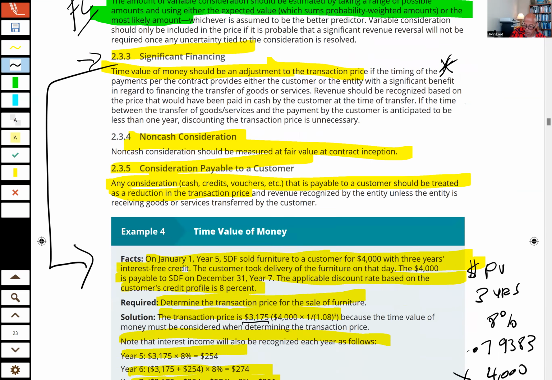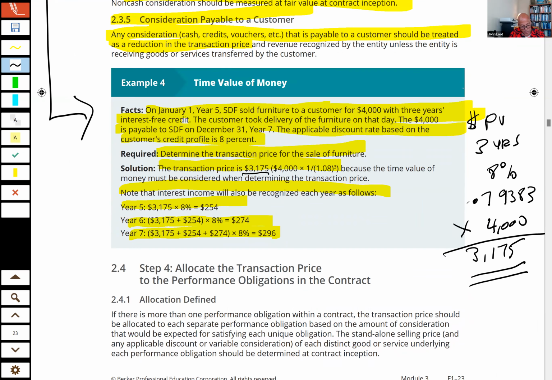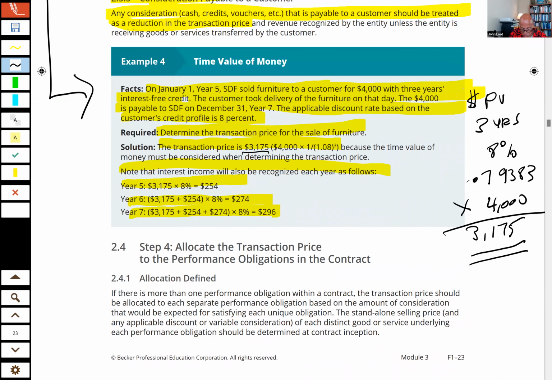Okay. All right, good. Come over and let's take a look at the allocation, okay, which is probably the more interesting part of this and probably something that I think you can expect to see on the exam. I could see them expecting you to know how to allocate a contract price where there are multiple performance obligations.